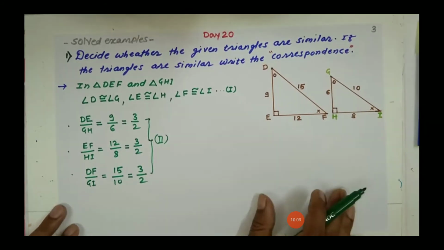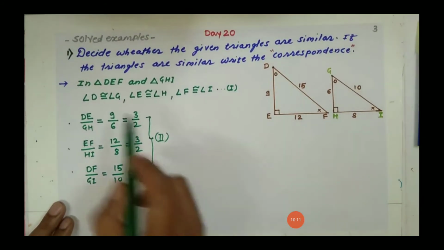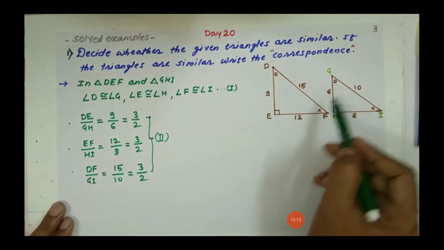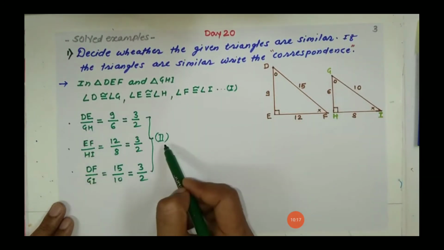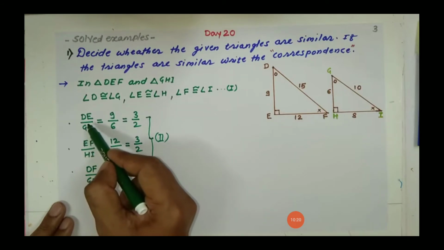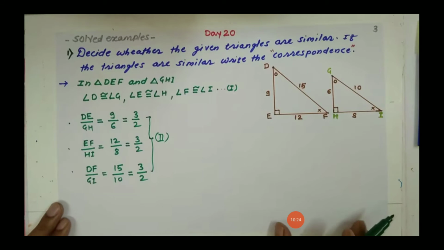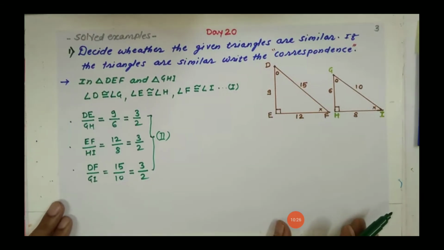Now from 1 and 2: in statement number 1 we understood that all corresponding angles are congruent, and in the second statement I got that all corresponding sides are in equal proportion, or we can say in proportion.